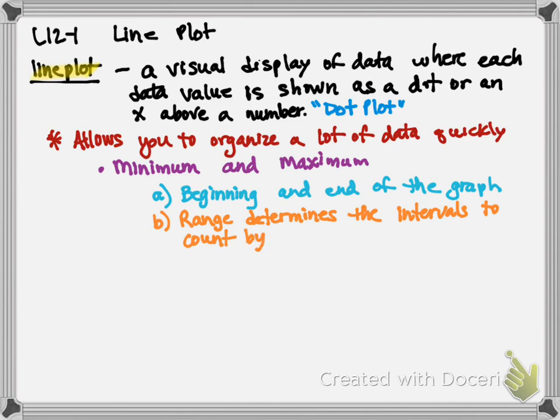Smaller range, we're going to count by 1s and 2s. Kind of a medium range, 5s and 10s. Larger range, 25s, 50s, 100s, whatever it takes. So once we know where we're going to begin, what we're going to count by, and where we're going to end, then we're going to create our number line.